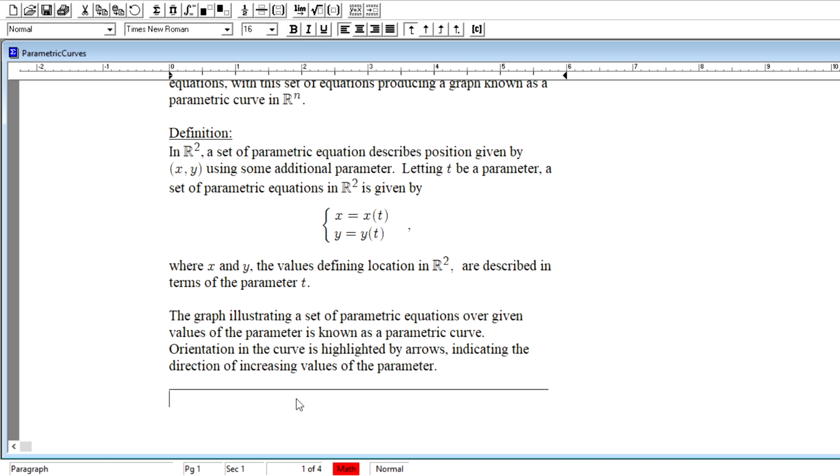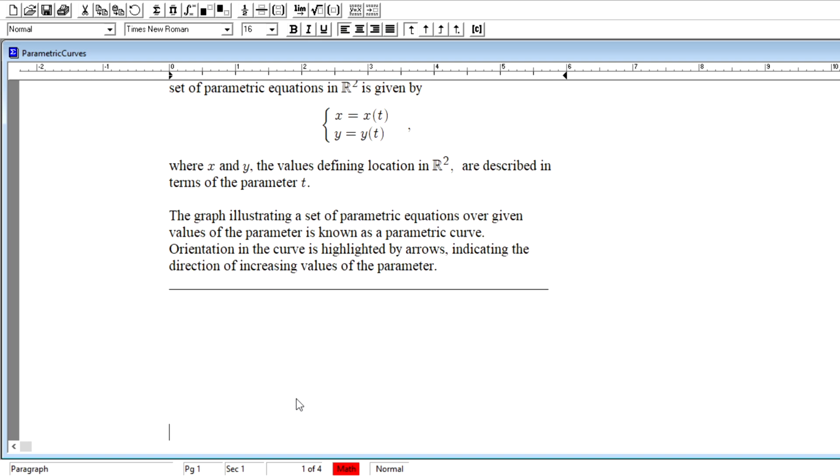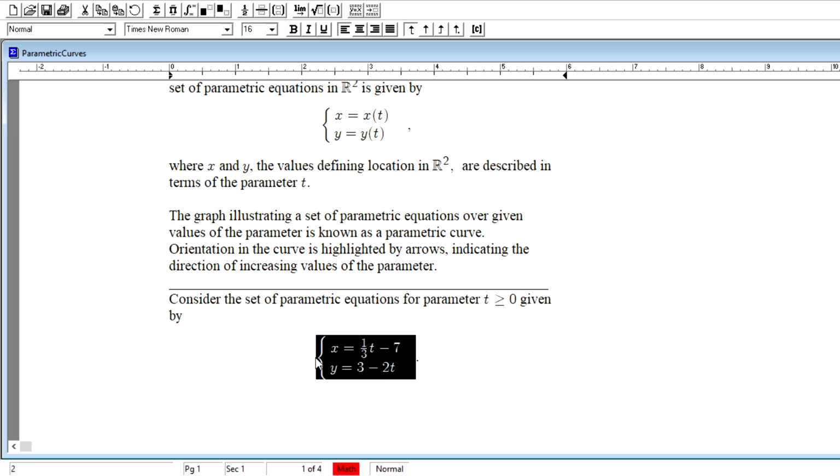All right. If we consider an example of a parametric curve, we might consider the set of parametric equations for parameter t greater than or equal to 0 given by this set of parametric equations here. In this case, this set of parametric equations defines location of x as the linear function 1/3 t minus 7 and defines the function of y in terms of t as the linear function 3 minus 2t.